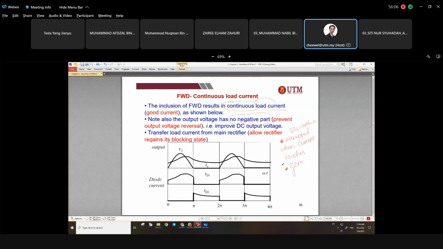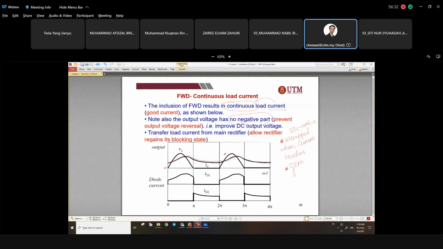So how do we know that it's continuous? Continuous means that in this waveform of current, the current is always above the 0 line. You see the current is floating above 0, so it's not touching 0. The current is always beautifully floating in the air.